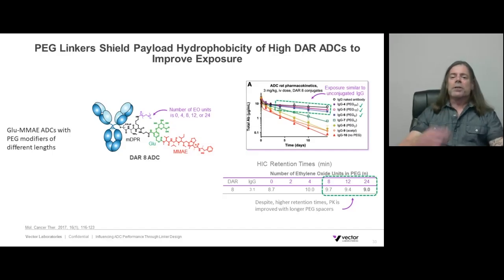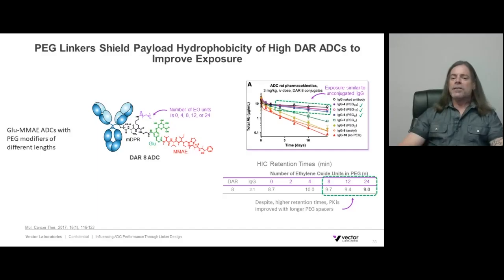I also put the HIC retention times below that. This is from a different study that they did, but I just thought it was good to see this comparison. We like measuring the HIC retention times of ADCs to gauge their hydrophobicity, and then we use that to infer PK liabilities downstream. Later retention times means more hydrophobic, means cleared faster. But here we can see that's clearly not the case. The unconjugated parent antibody has a retention time of 3.7 minutes.